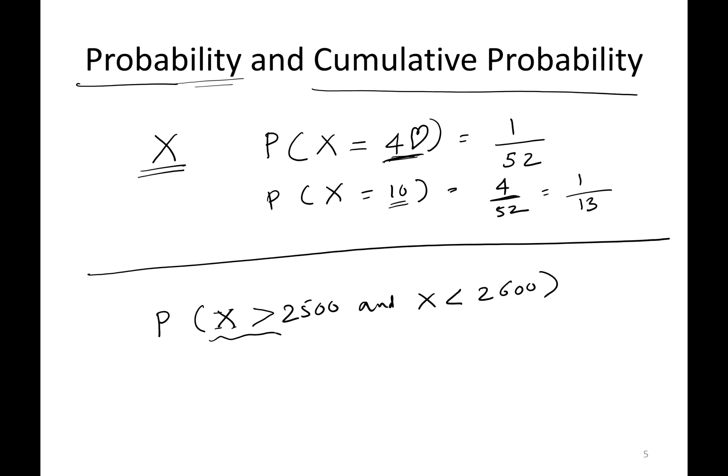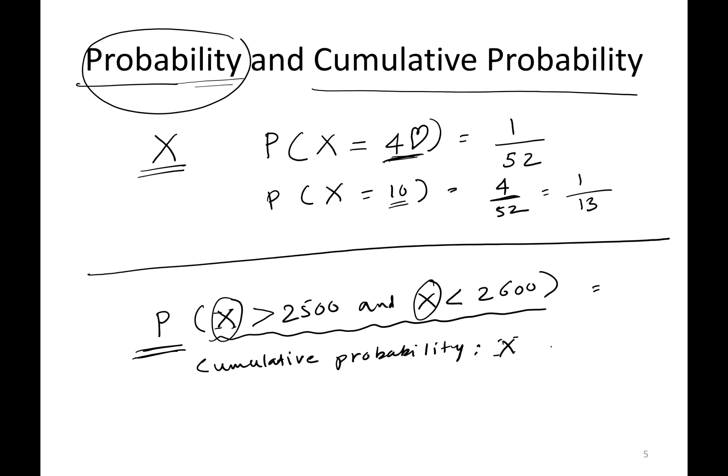What I'm looking at here is not an exact value. I'm looking at a range that this random variable X can take. And when you are dealing with these kinds of ranges, the probability that you are calculating is not this probability, it's the cumulative probability. Cumulative probability is the X random variable taking a value within a range.